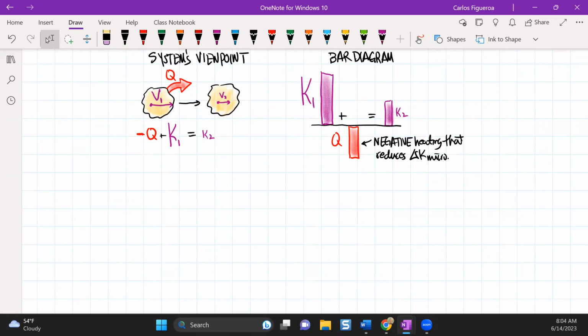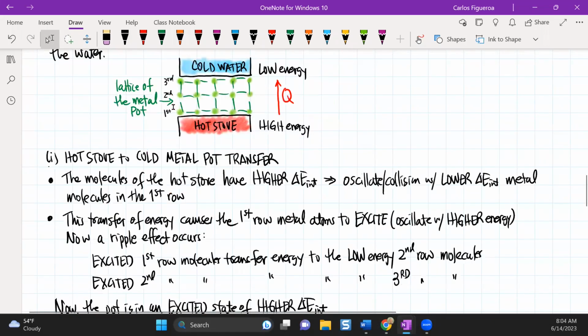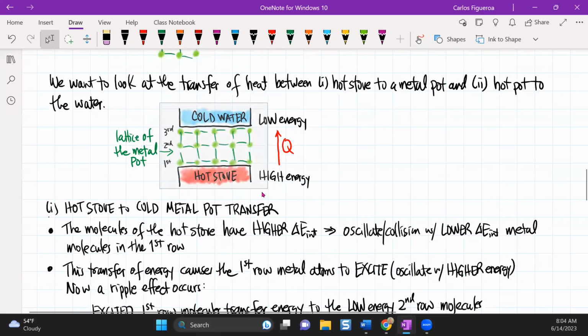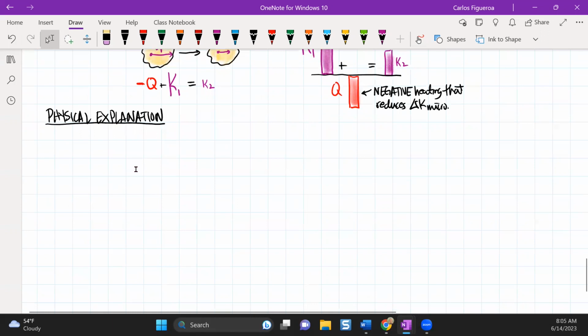Now, let's talk about the physical explanation. If I look at the physical explanation, what I'm going to do is go back up and just grab this, because instead of redrawing this picture, I'm going to copy this, and then I'm just going to modify it.